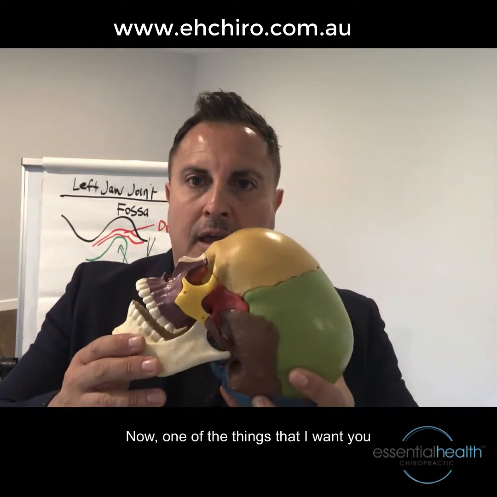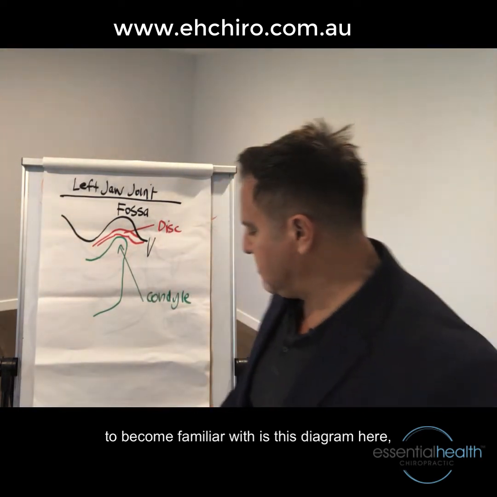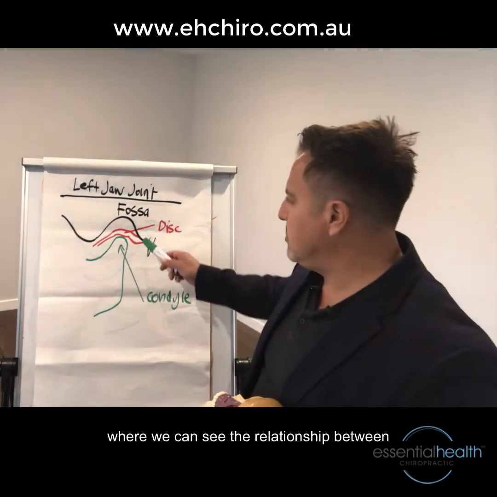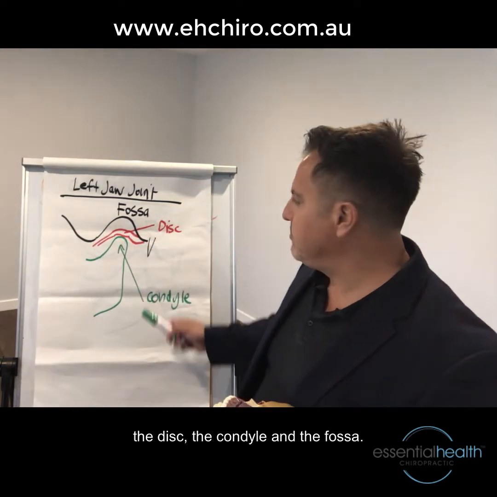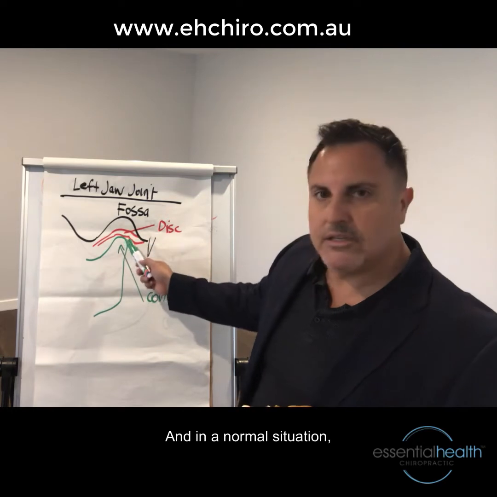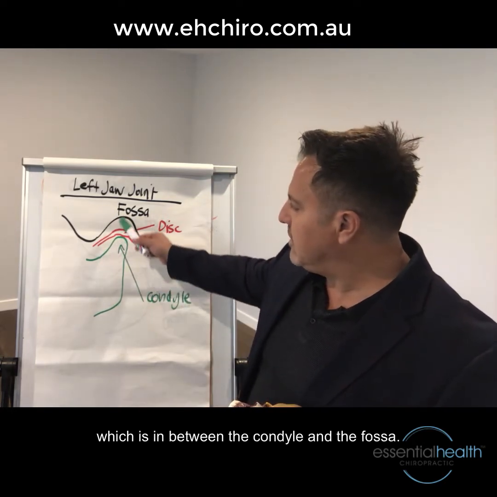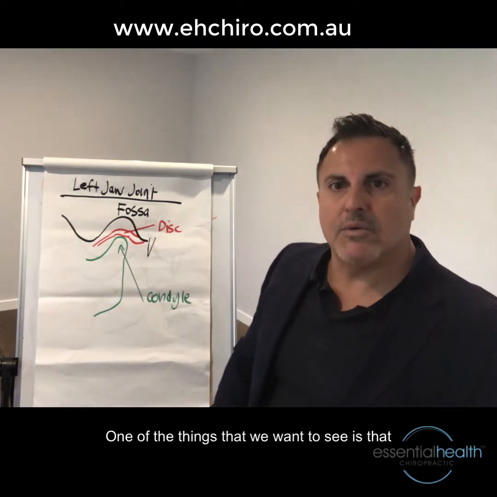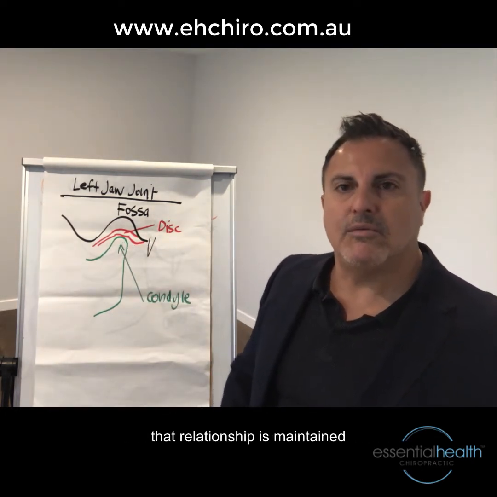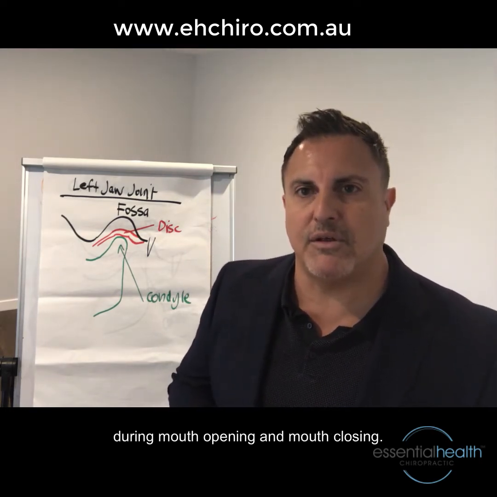Now, one of the things I want you to become familiar with is this diagram here, where we can see the relationship between the disc, the condyle, and the fossa. In a normal situation, you have this biconcave structure sitting between the condyle and the fossa. We want to see that relationship maintained during mouth opening and mouth closing.